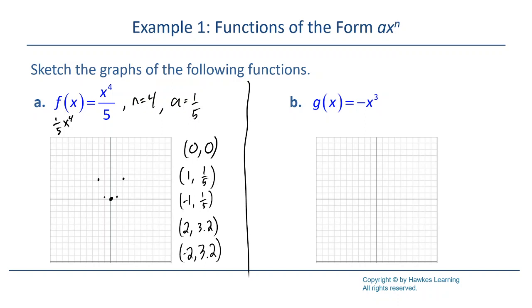Now, one thing I'm kind of doing is I'm trying to just get a few values to get the general shape. And I'm picking nice values because as soon as I go over to 3, 3 to the 4th is 81. And let's see, 81 divided by 5 is like 8.2, I think. Sorry, 16.2. That's why I double checked.